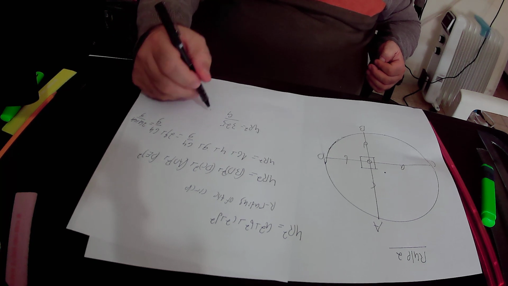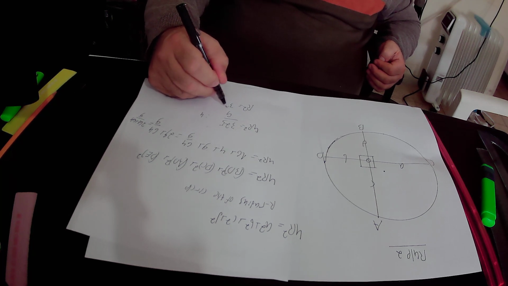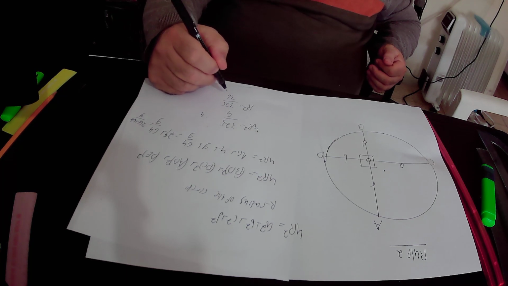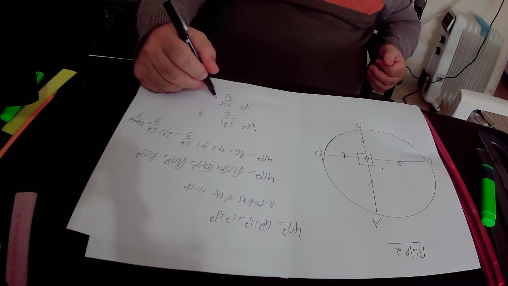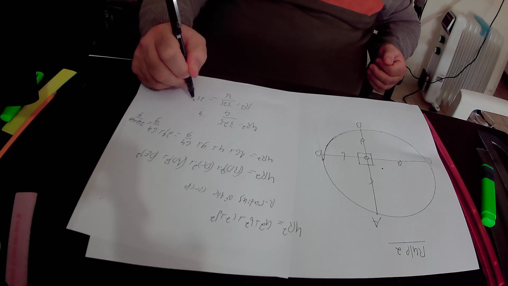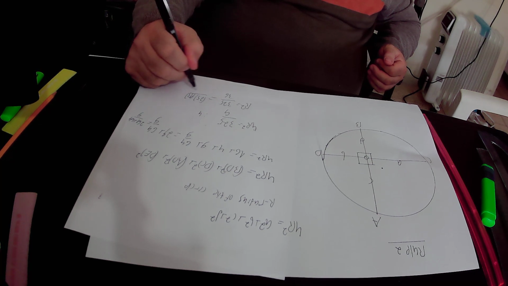Here we'll divide this equation by 4 and we get that R squared equals 325 over 4 times 9, which is 36. 325 is equal to 25 times 13 over 36.